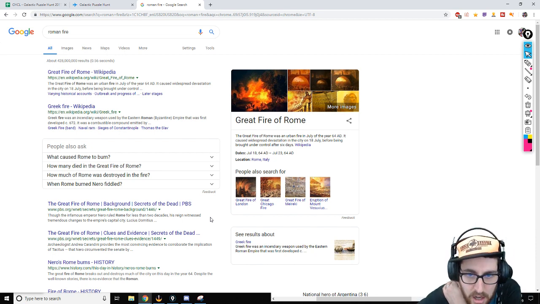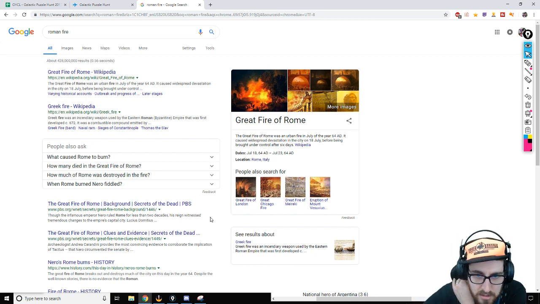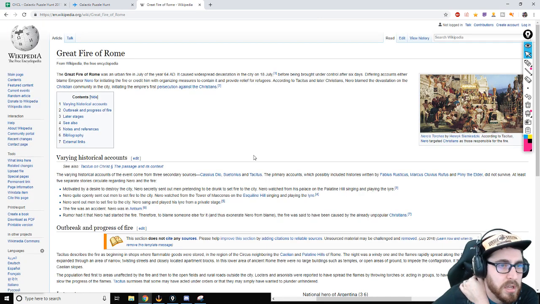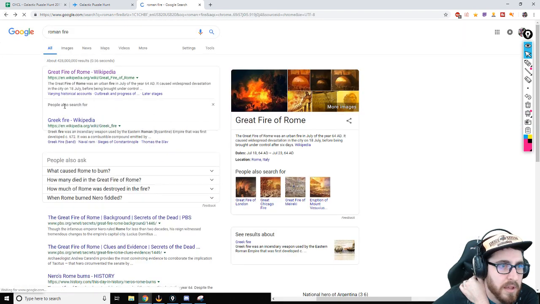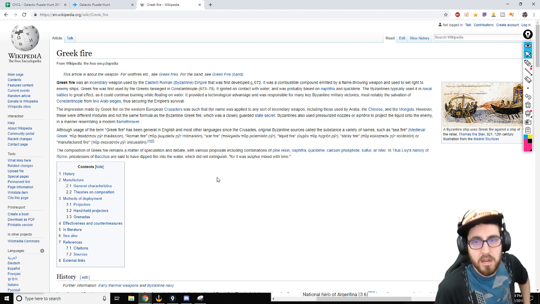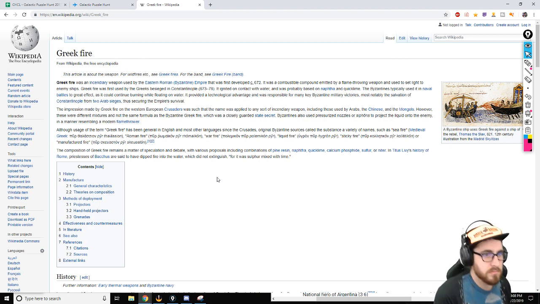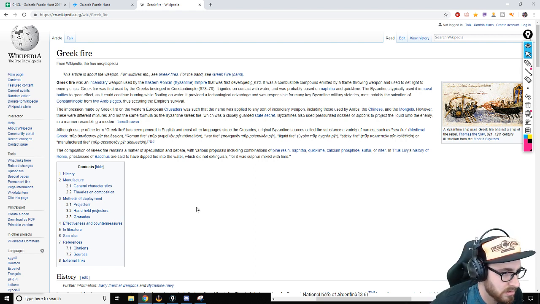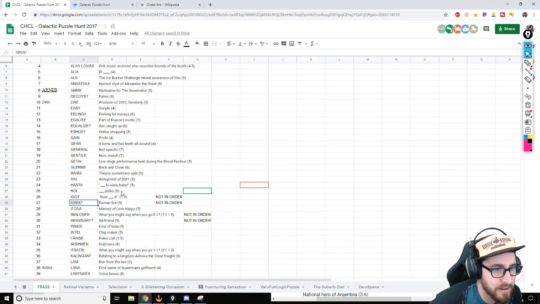Urban fire, service station, July. Control after 6 days. Roman fire. I think Greek fire also kind of, let's see. Incendiary weapon. Eastern Roman Empire. Ignis is Latin for fire.